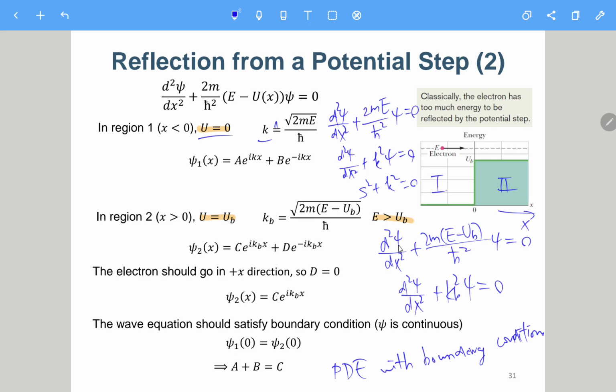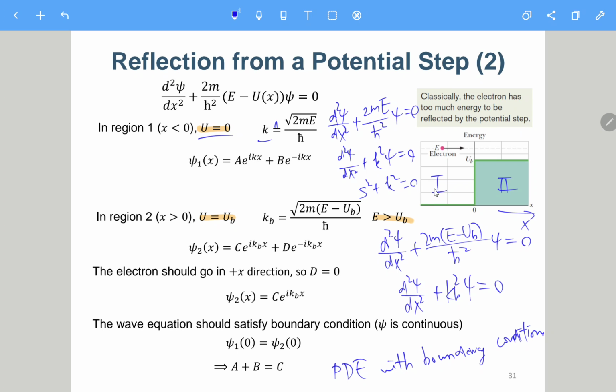The solution should look similar: something like c times exponential to i kb x plus d times exponential to negative i kb x.